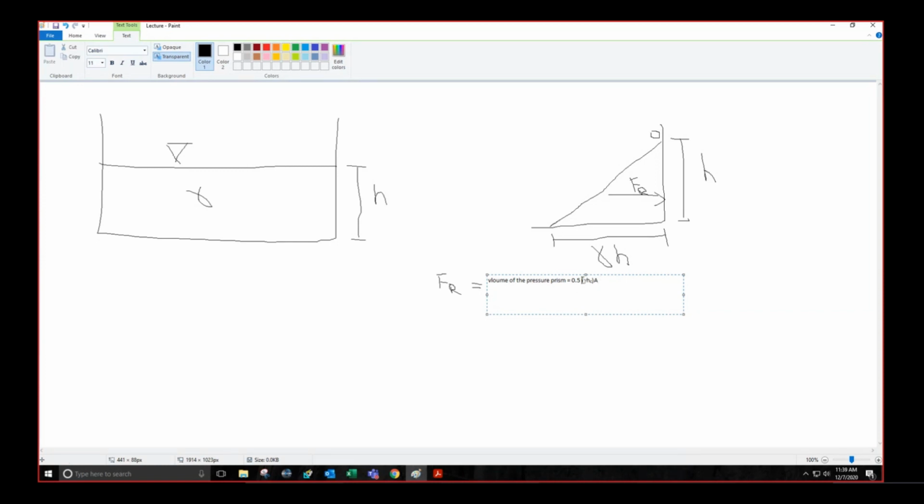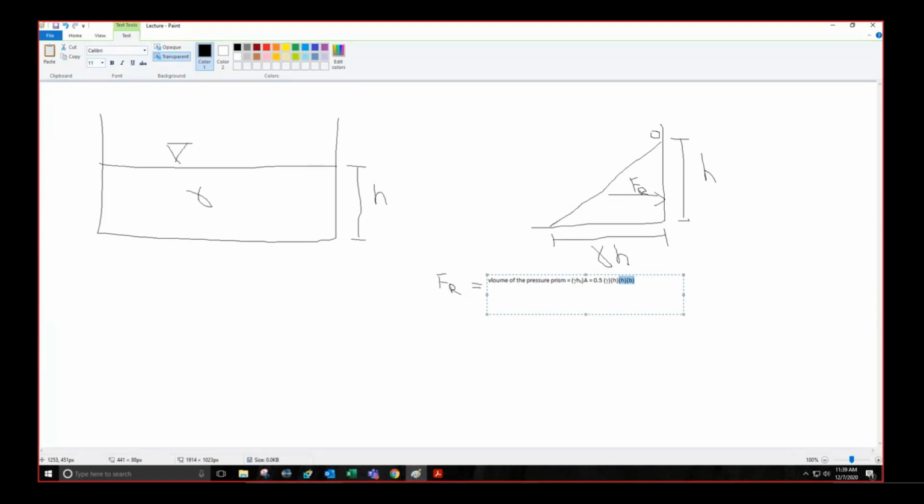This should be equal to gamma HcA, and that is equal to 0.5 of the base, which is gamma H, into H, which is the height, and into the thickness, which is B. So B into H is area, and 0.5 of H is Hc.